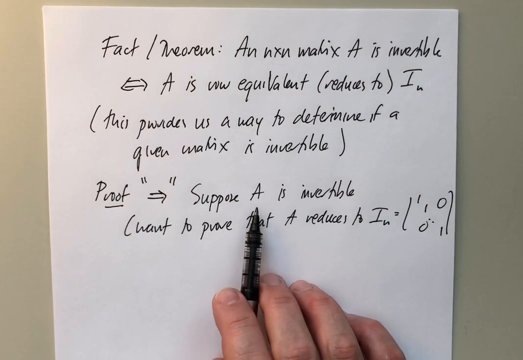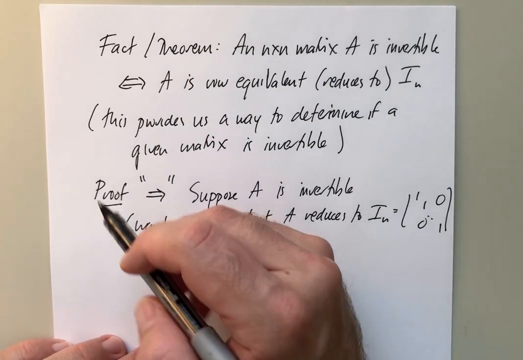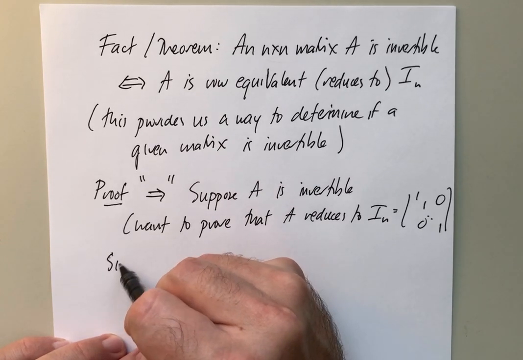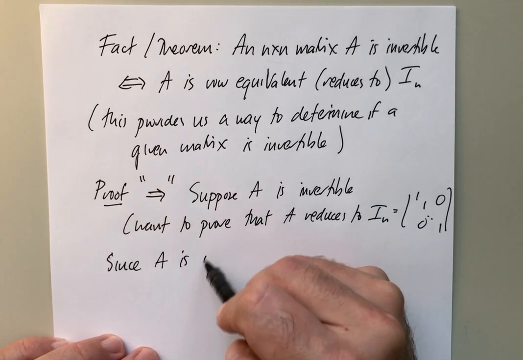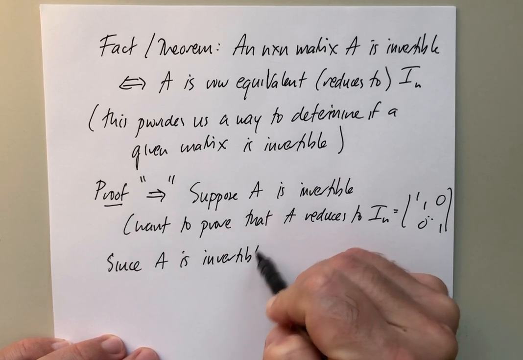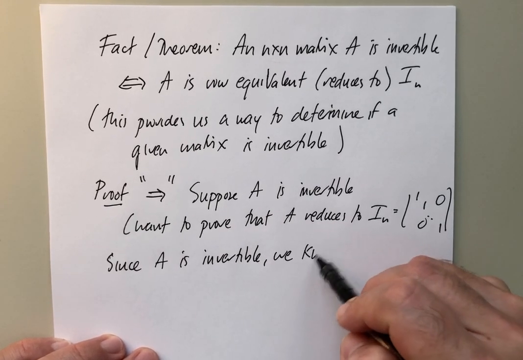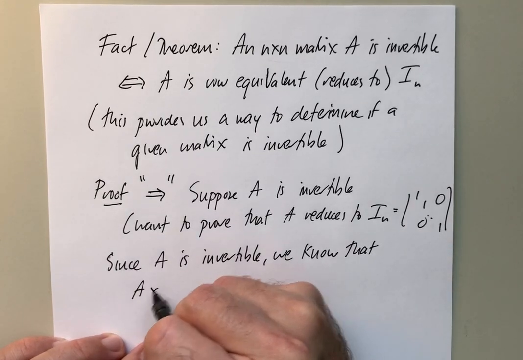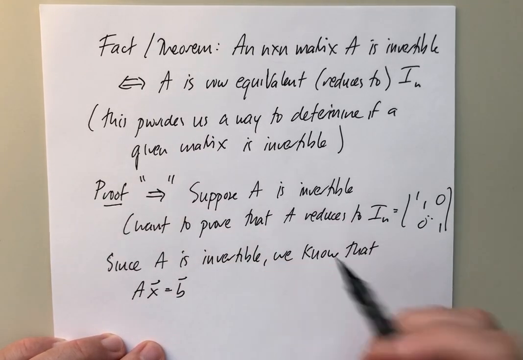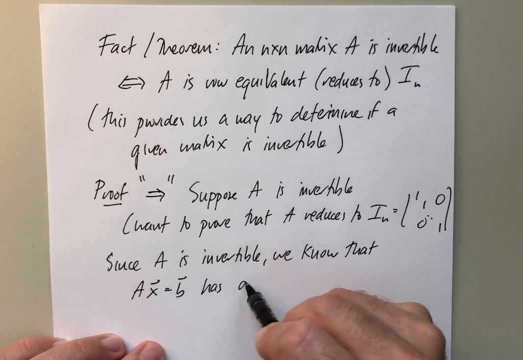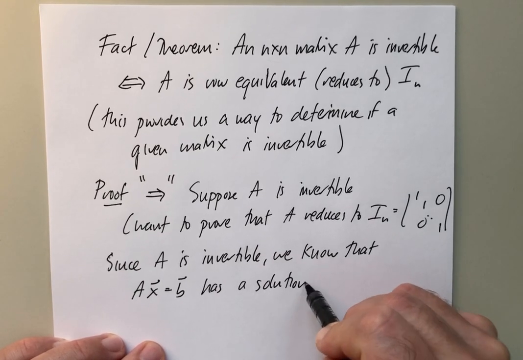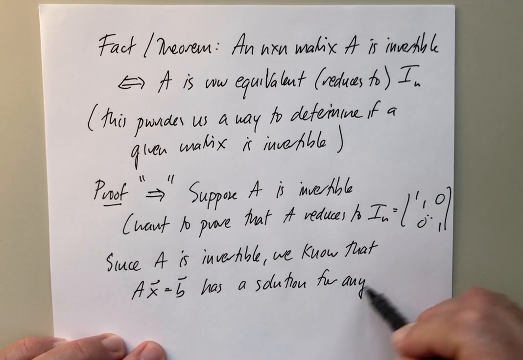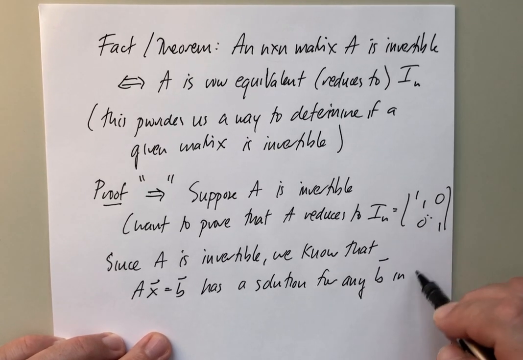Since A is invertible, we know from the previous discussion from last lecture that AX equals B, this equation or this system, has a solution for any vector B in Rn.